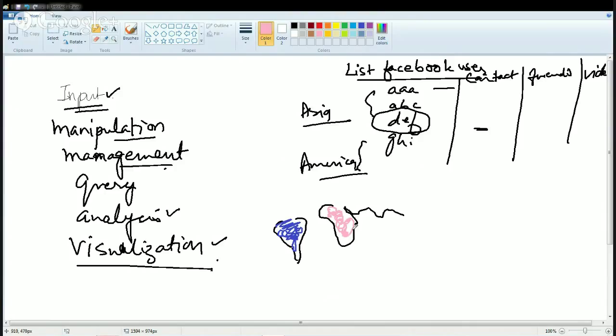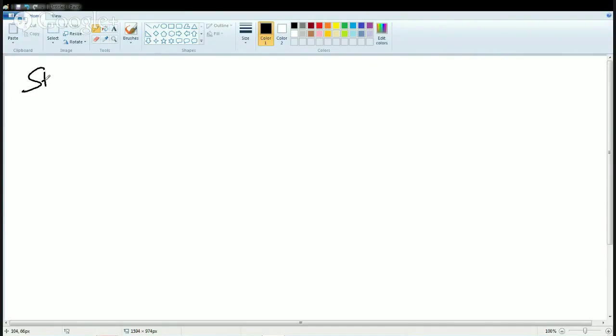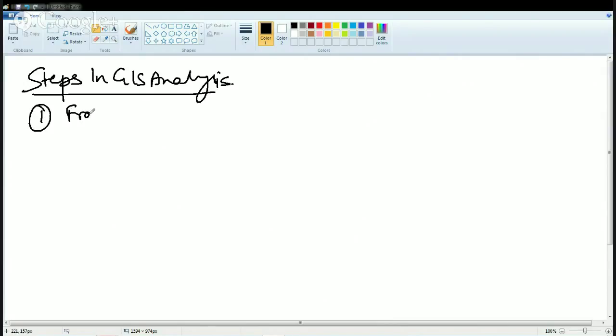Now there are various steps towards analyzing any concept in GIS. So let's understand the steps in GIS analysis. Whenever you try to analyze anything in GIS, the first and foremost thing is you need to frame a question. What do you want to query or what do you want to analyze? For example, I want to see whether Asians are using Facebook more or Americans are using Facebook more. That's a kind of framing a question.